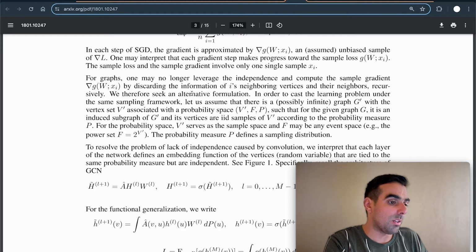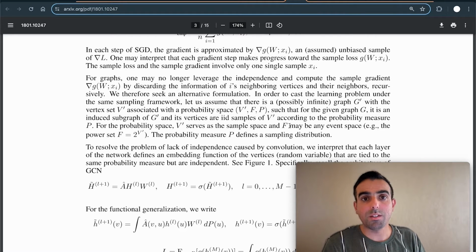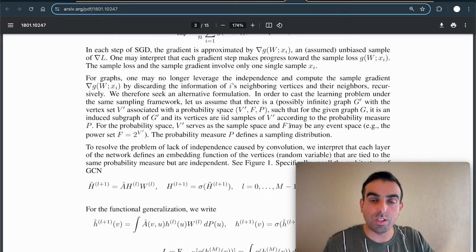We therefore seek an alternative formulation in order to cast the learning problem under the same sampling framework. Let's assume that there is a possibly infinite graph, G prime, with the vertex set V prime associated with the probability space V prime Fp. So what this paragraph is saying is that we need a probability distribution to get the independence feature that is needed for stochastic gradient descent.